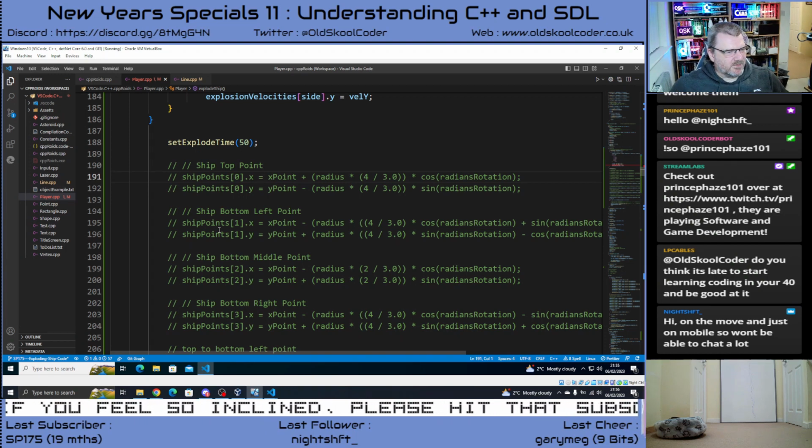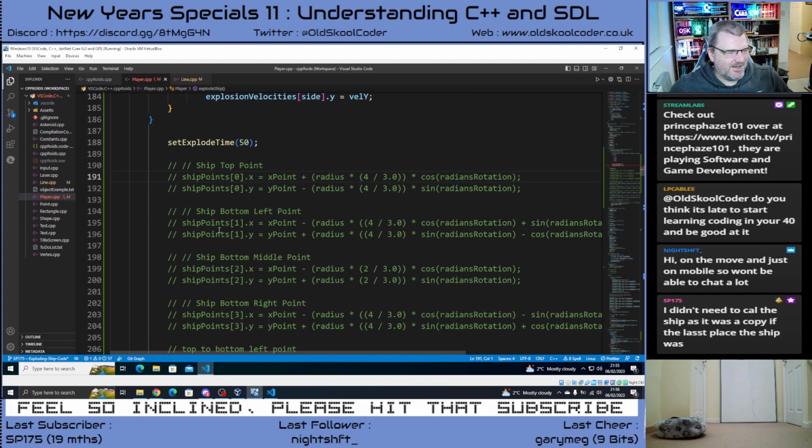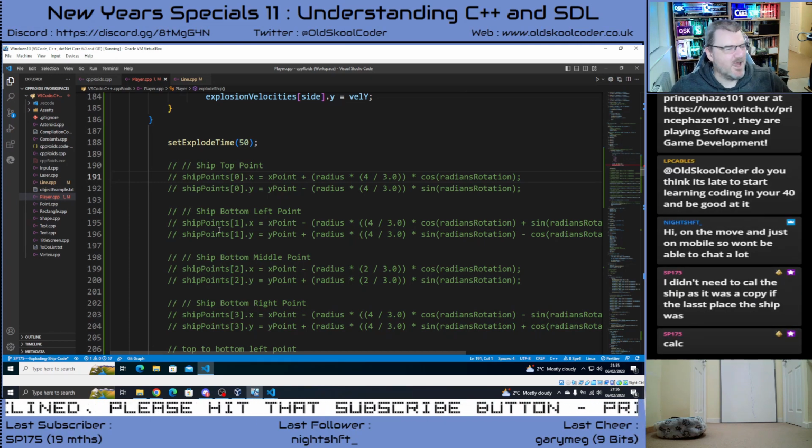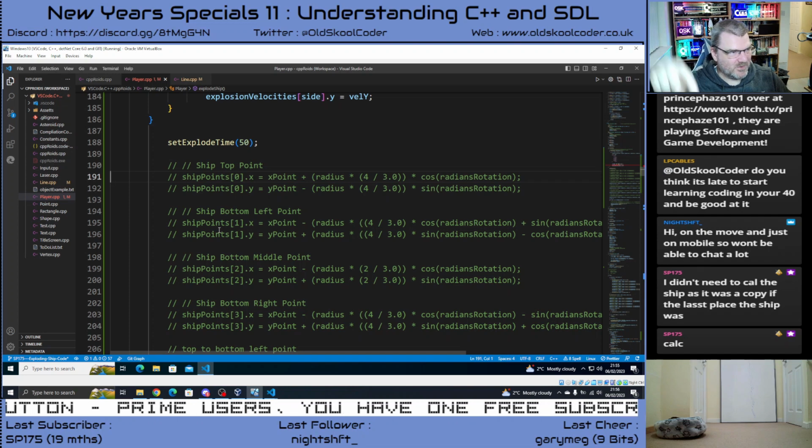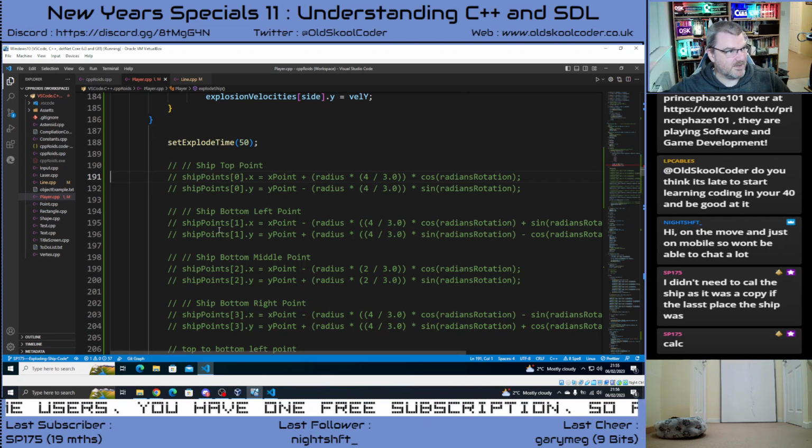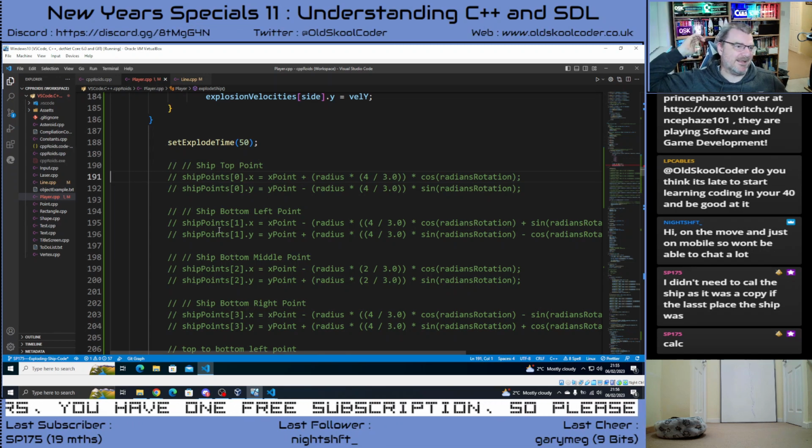IP cables. Do you think it's late to start learning coding in your 40s? No. It's never too late to learn coding. Never, ever, ever too late. This is C++, right? I'd forgotten I'd learnt C++ because I learnt it back in the 1990s.